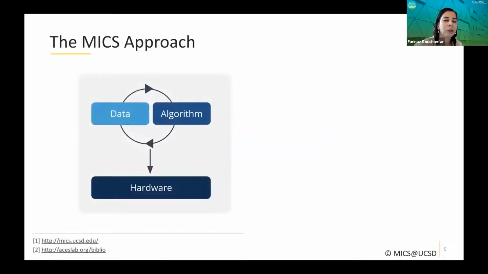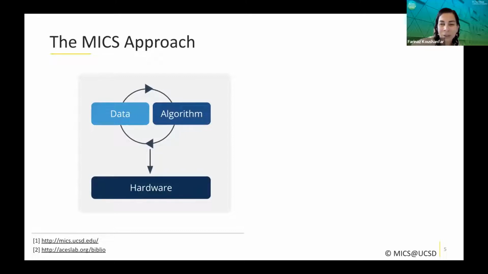So one approach that we have been advocating for many years now in UCSC Mix, which is the center I co-founded 5 years ago, is that it's impossible to think about these models and algorithms separate from the whole system, in particular if you're embedding these into your devices.